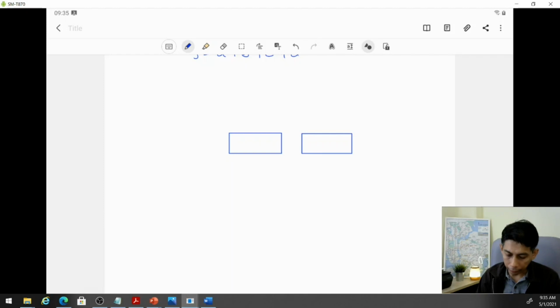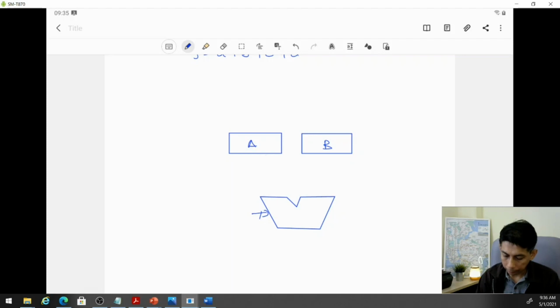And let's say we have two registers in this case, and we have one ALU. Let's say this is register A and this is register B, and this ALU can perform many functions.